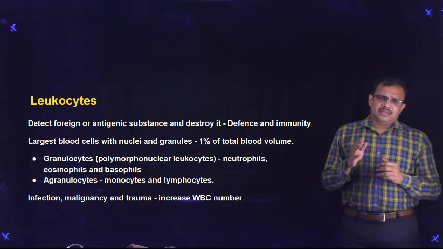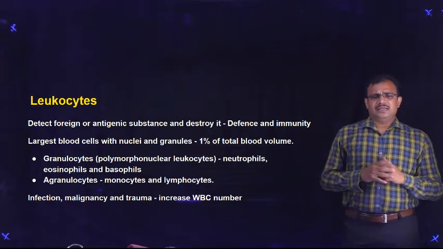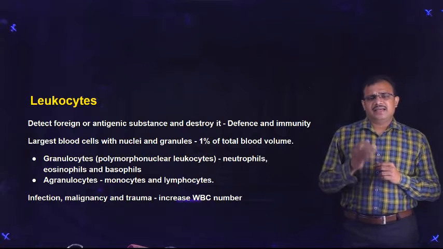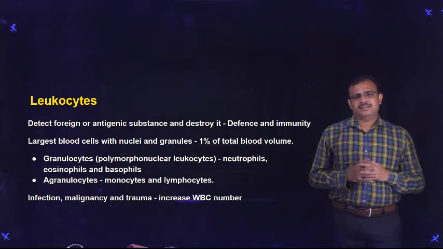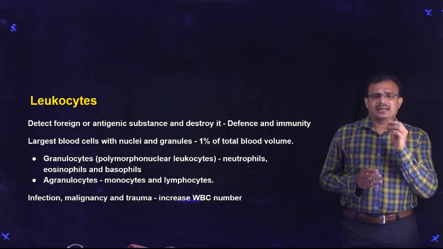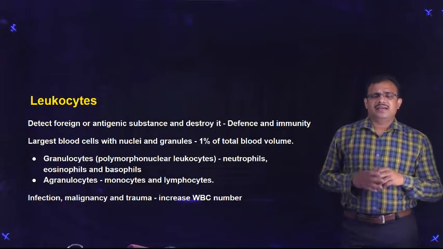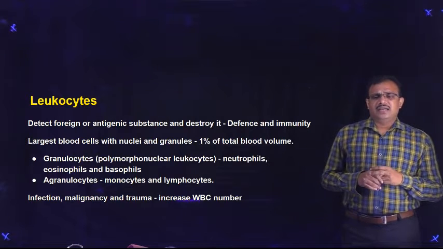And these leukocytes are categorized into two categories. One is called granulocytes, and the other is called agranulocytes. Granulocytes, as the name itself suggests, have certain granules in their cytoplasm, whereas agranulocytes do not have these granules.